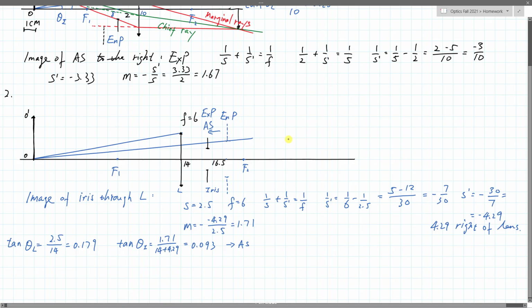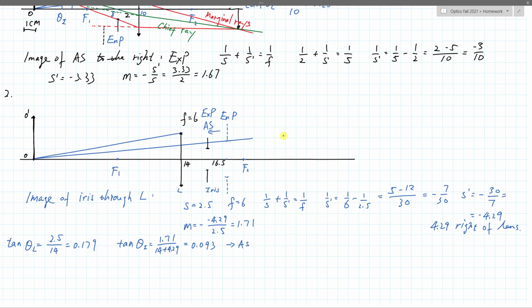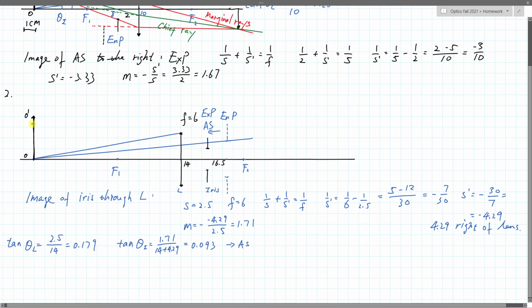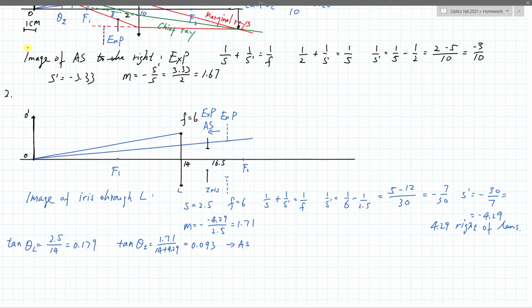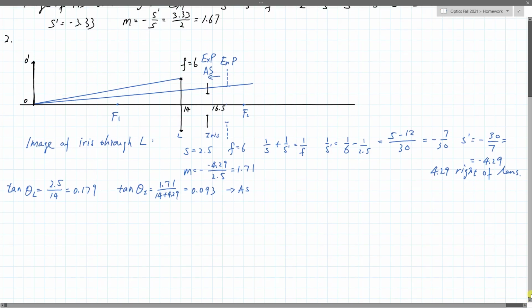Okay, so we've gotten these, and the question continues. We want to do the object-image relationship and see how far the extreme degrees are going. So let's find the object-image relationship for this object. We'll use black here. We have 1 over 14, that's s, plus 1 over s prime equals 1 over 6.